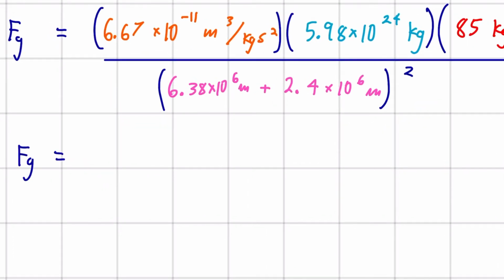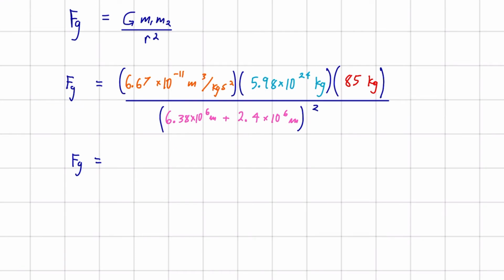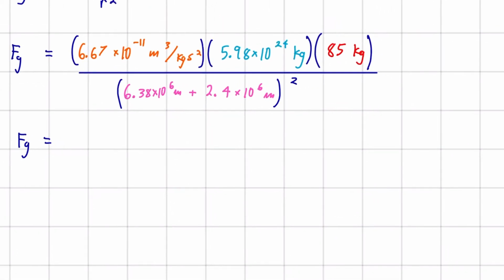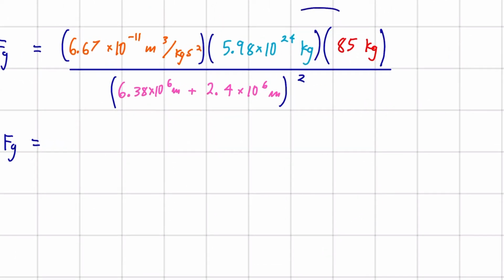And now all we have to do is type these values into our calculator. So I'm going to write out some intermediate steps as we go, but first I just want to multiply these two together, and I'm going to add these two together. So 6.67 times 10 to the negative 11. And if this is too simple for you, you are more than welcome to speed up the video.